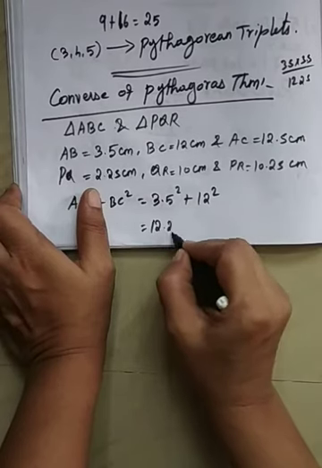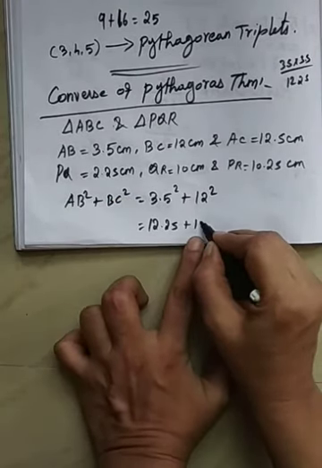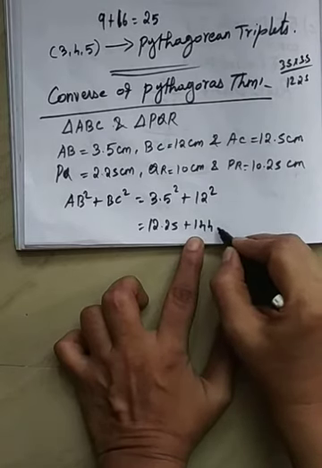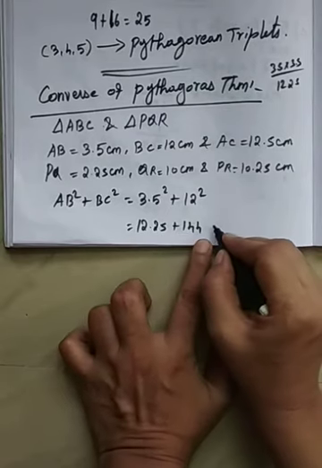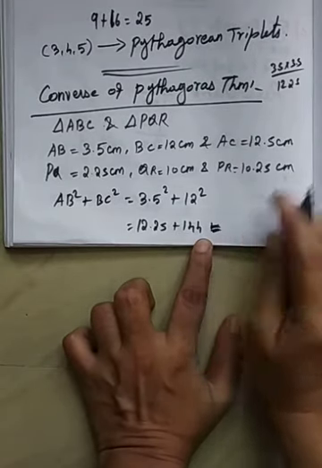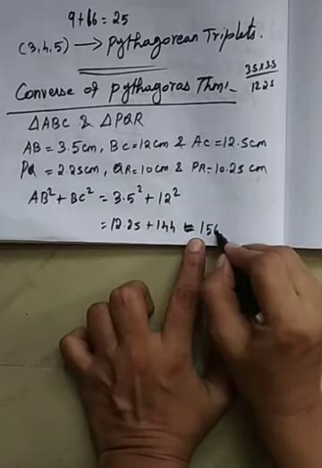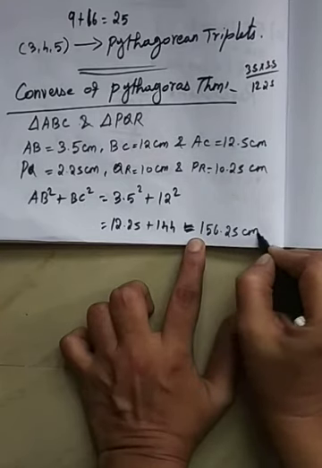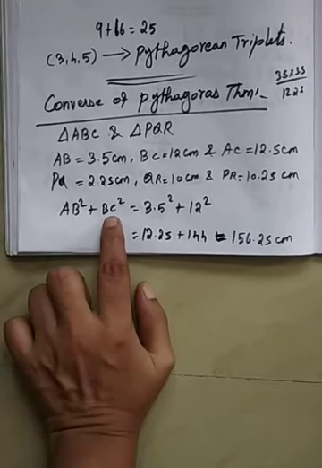Then 12.25 plus 12 squared, which is 144, gives 156.25 centimeter squared. This is AB squared plus BC squared.